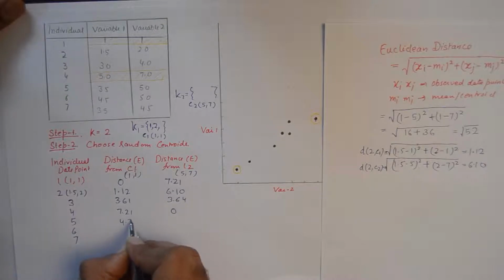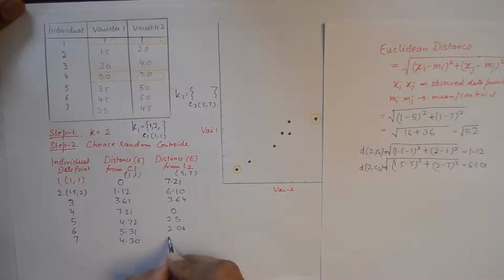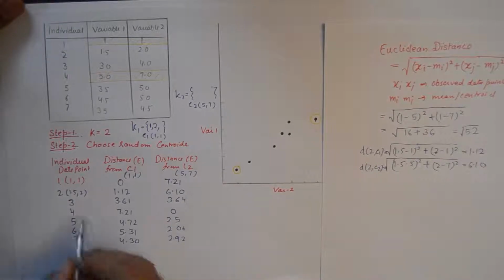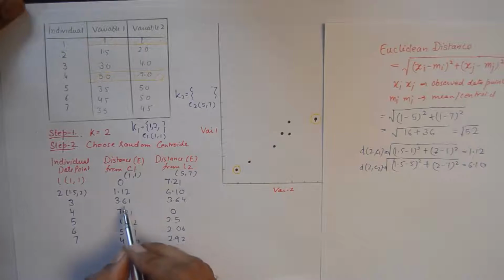So you need to calculate the Euclidean distance. Once the Euclidean distance is calculated, now let's check individual data point number 3.